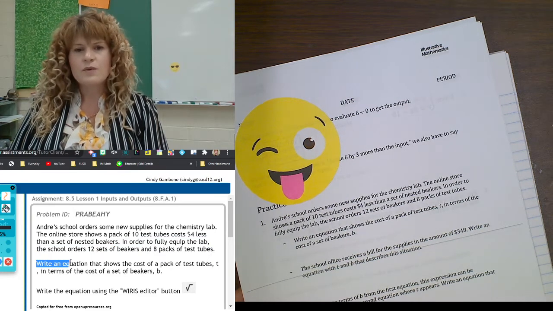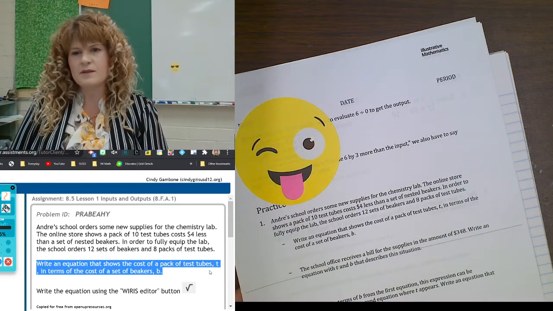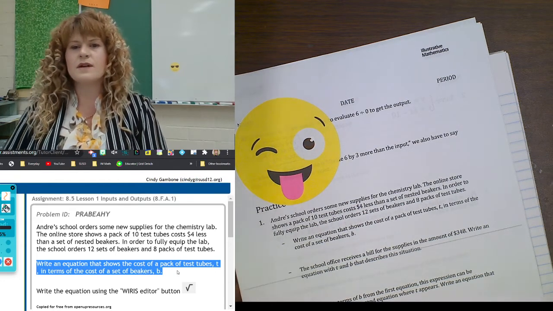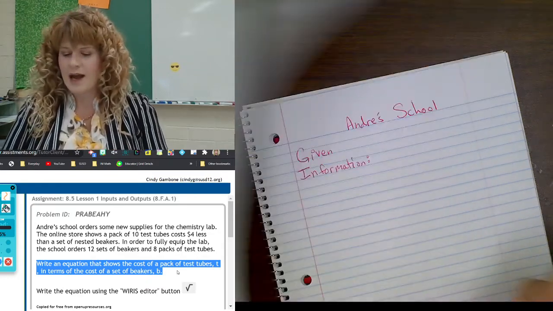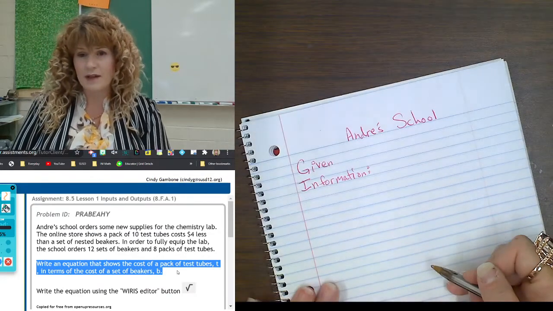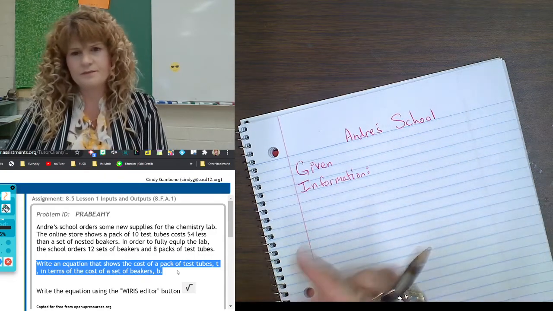What to do? Write an equation that shows the cost of a pack of test tubes, T, in terms of the cost of a set of beakers, B. Okay, I need to figure out what information I've been given, and they just gave me something for sure that I can write down.